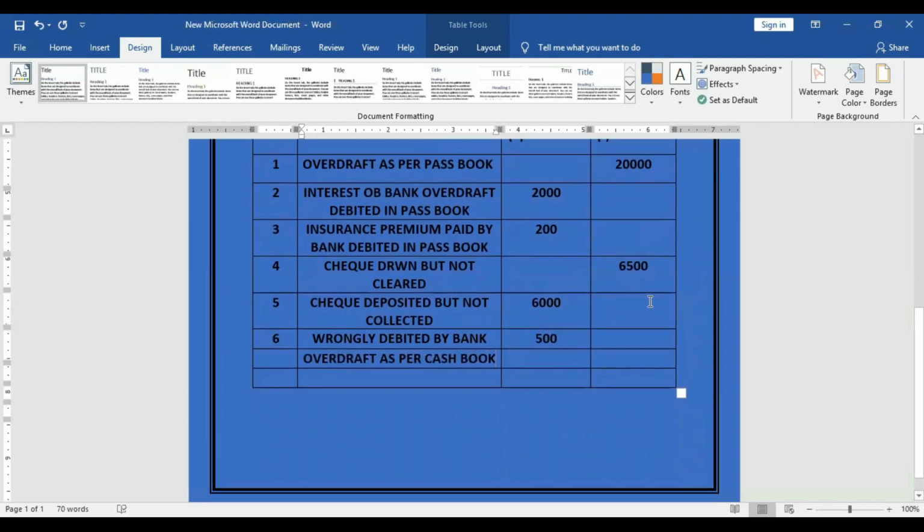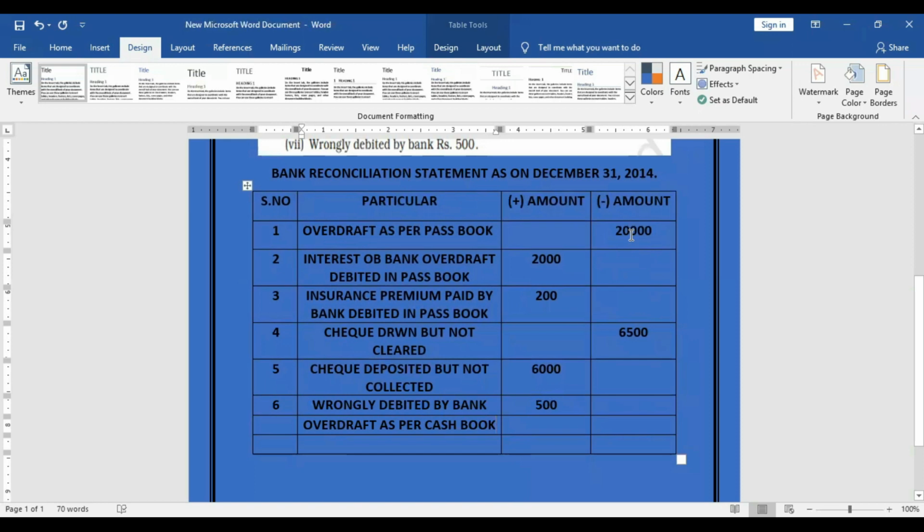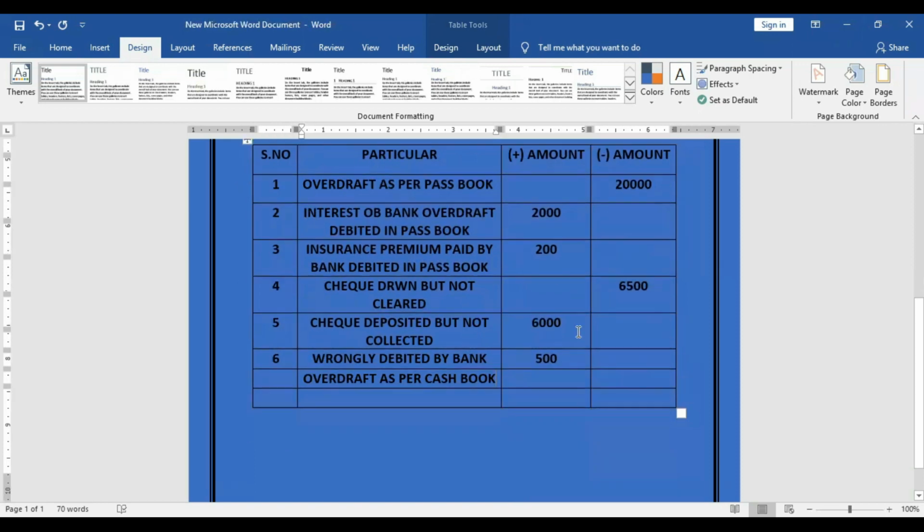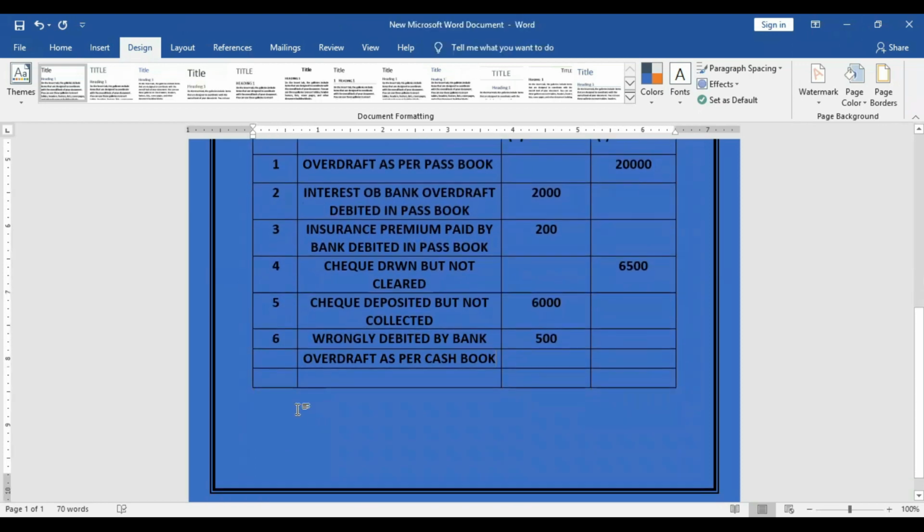In order to find it out, we have to find the difference between the total of the minus amount column as well as the plus amount column. 20,000 plus 6,500, it is 26,500.